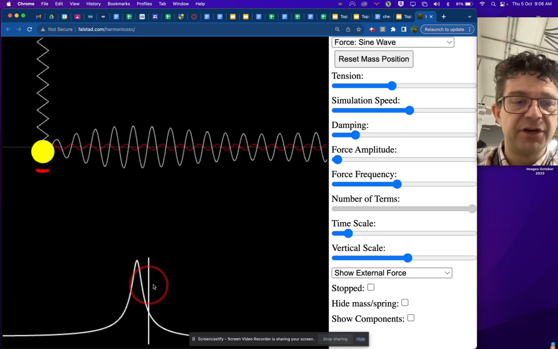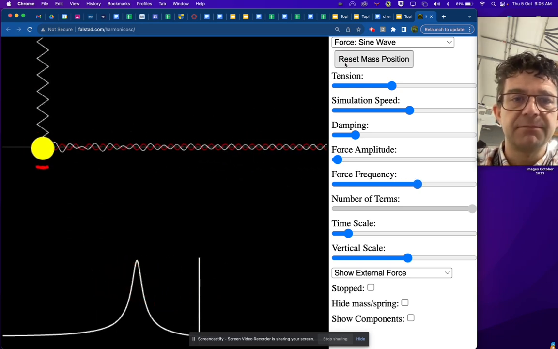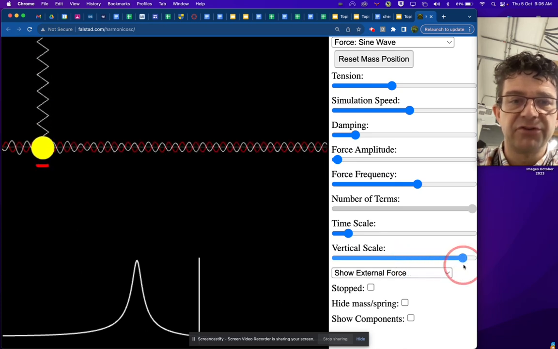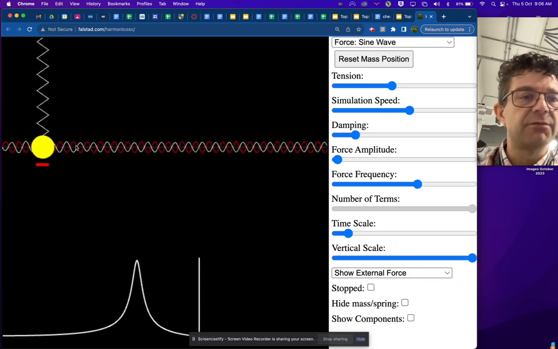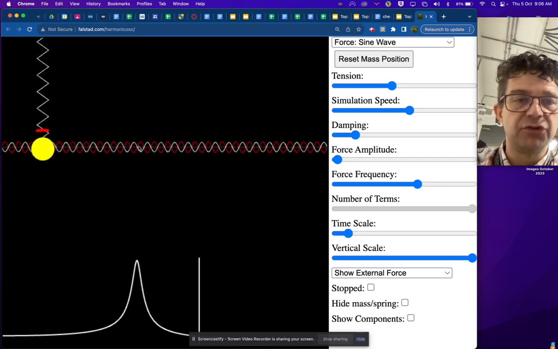On the other hand, if we go to high frequencies, bring the vertical scale up a little bit, we can see that the response in white is exactly out of phase from the drive.